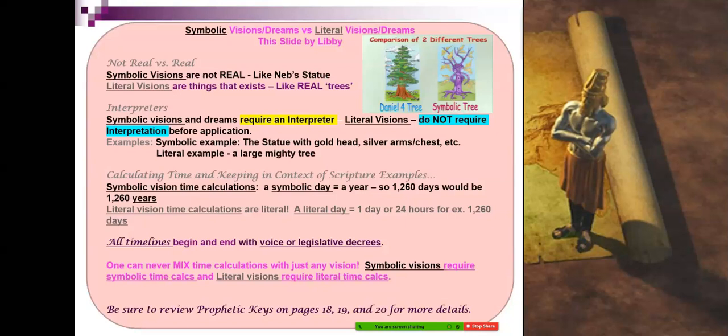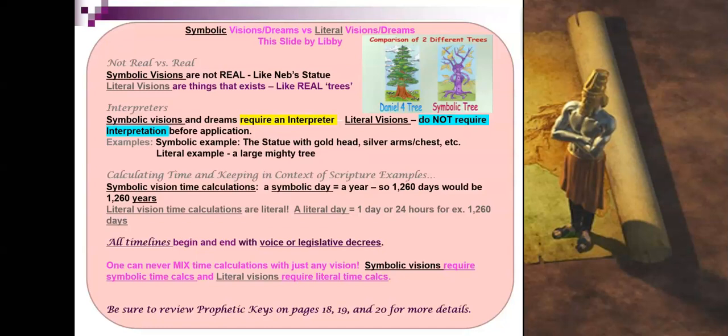Could I just make a comment here right now? It might be a really good time to make this comment. There's a lot of people that when they see a timeline in a prophetic book like Daniel or Revelation, they automatically think that the timeline is always symbolic time because of this rule here, that one symbolic day equals 1 literal year.